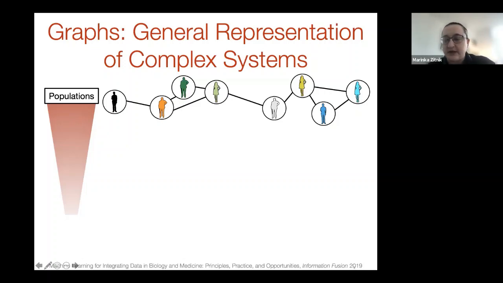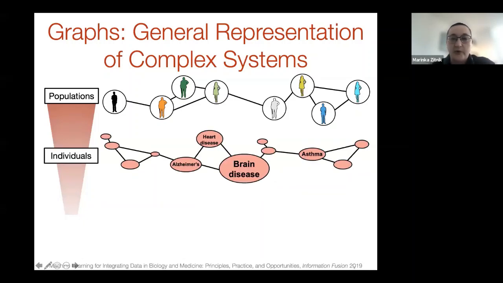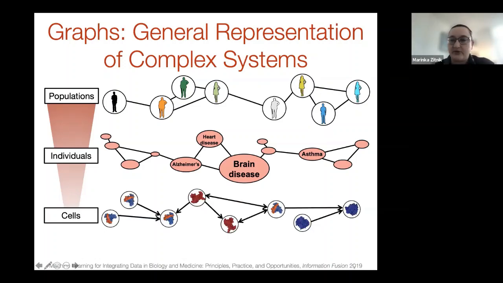Here is an example of a multidimensional, multi-scale representation where we can think of graphs as a general language to represent interactions between individuals in a population, going down to interactions between different phenotypes or diseases within an individual person, and all the way down to interactions between various molecules and molecular components within cells.